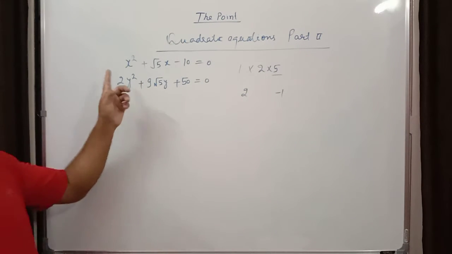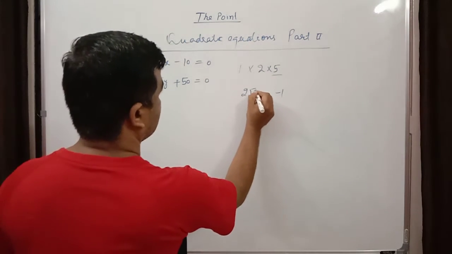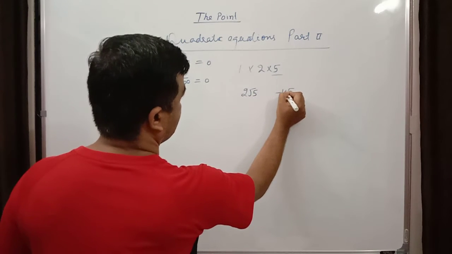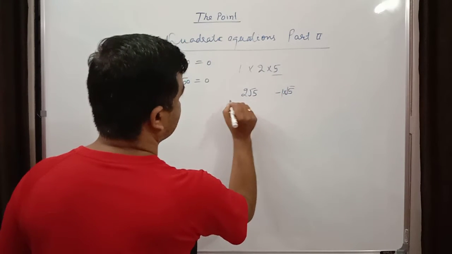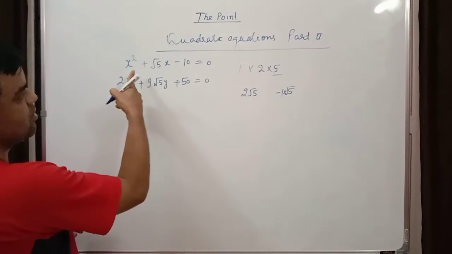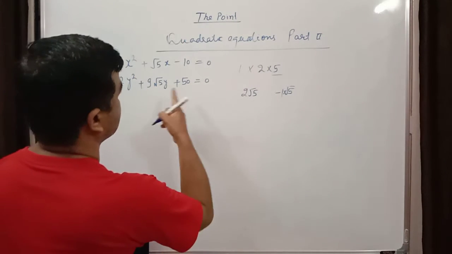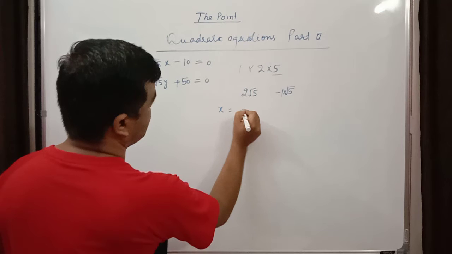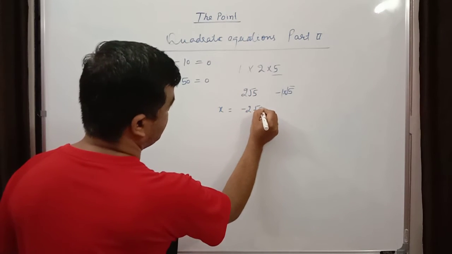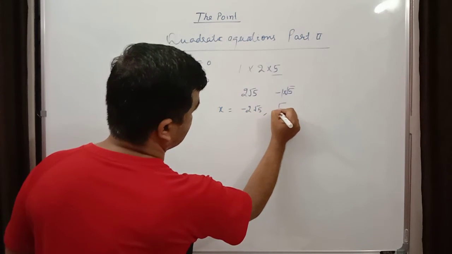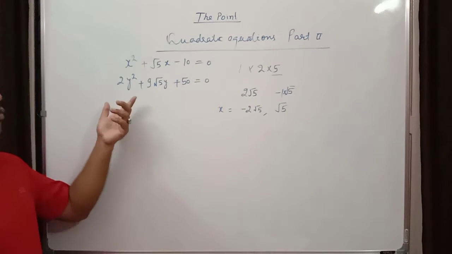Okay. So root 5 minus 1 into root 5, there is nothing in the division. So for taking root, the sign will be reversed. Okay. So roots of x will be minus 2 root 5, root 5. These are the two roots of x.